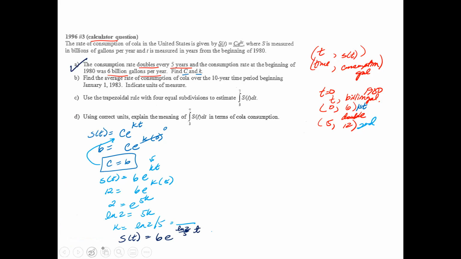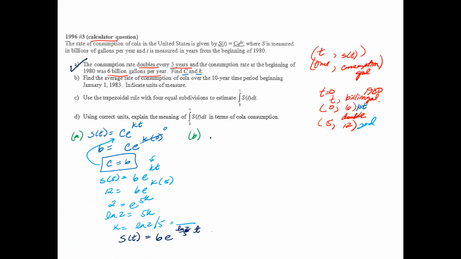A, done. Now let's go ahead and take a look at B. For your B, it says find the average rate of consumption of cola over 10 years, beginning January 1st, 1983. Indicate the units of measure.